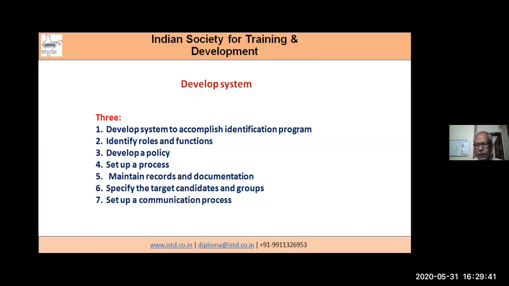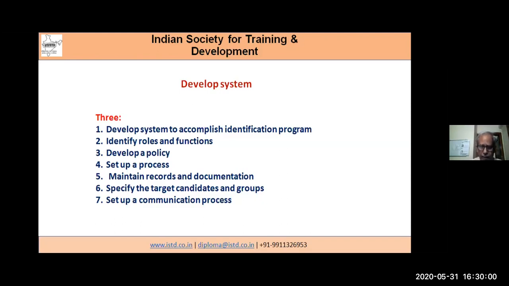So you need to develop an entire policy. That policy will determine how much expenditure, what budget will be involved, and where we are going to get the different kinds of training infrastructure. So you develop a policy around which everything will proceed.